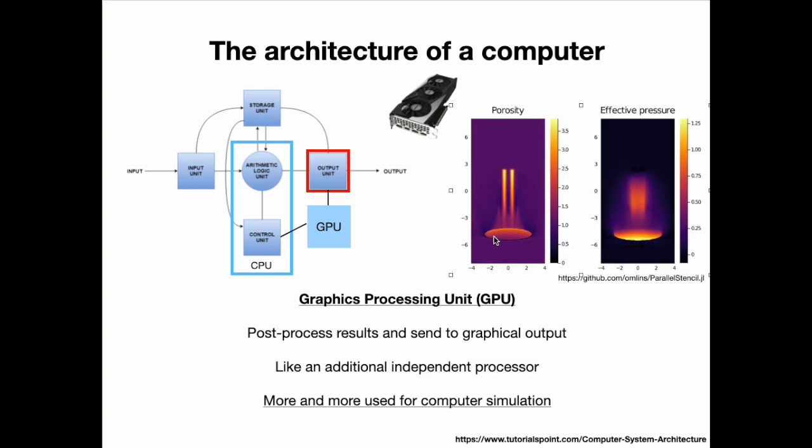So you see the formation of chimneys. These are porosity waves that are being extracted from a source region and rise towards the surface of the Earth. And this is a simulation that has been computed using GPUs. You can have a look at this link if you're curious about that.